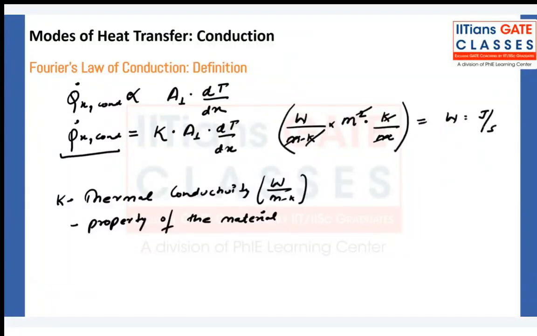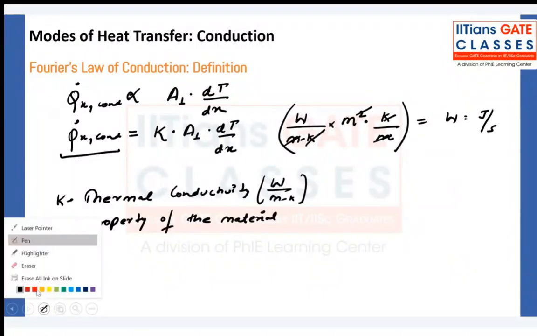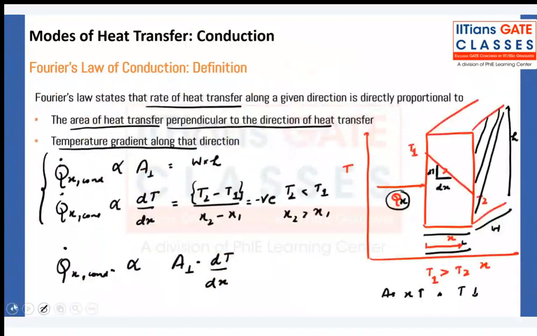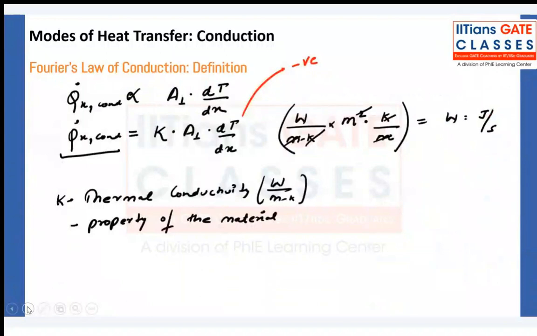Now, as I have told you, this term is negative, because as x is increasing, T is decreasing. In order to get a positive heat transfer, we add a minus sign here.